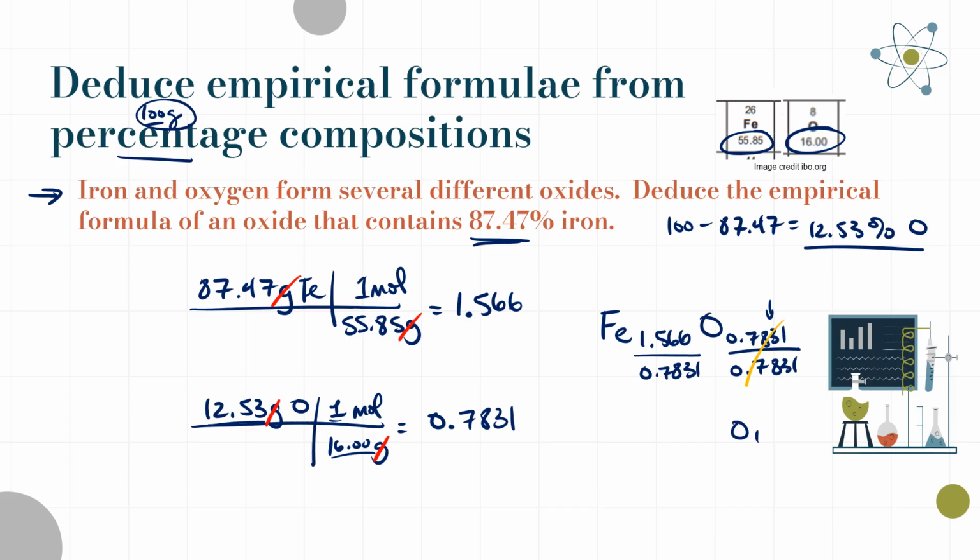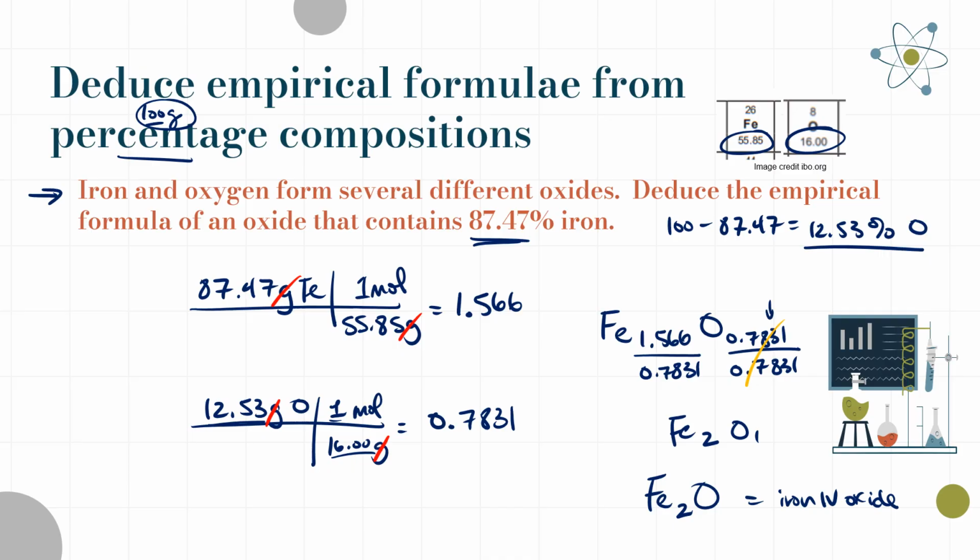What is 1.566 divided by 0.7831? Well, that's going to round to a 2. And so our empirical formula, which is also the formula unit because it's an ionic compound, is Fe2O. This is iron 4 oxide.